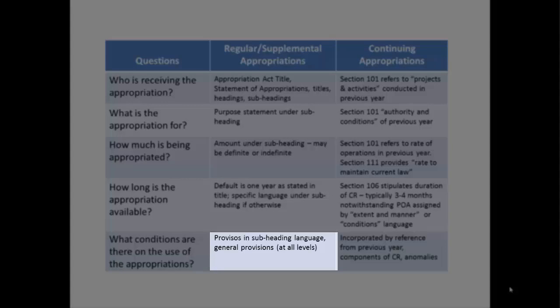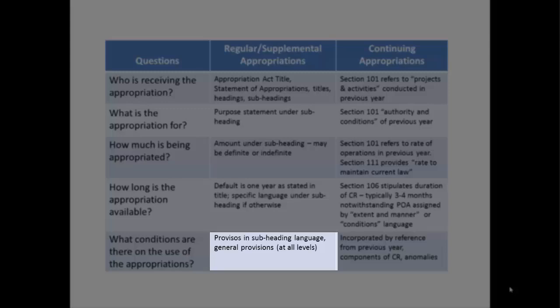There are general provisions that apply to titles within an appropriation act. General provisions affecting HHS appropriations appear in Title VI of the Agriculture Act, Title III of the Interior Act, and Title II of the Labor, HHS, and Education Act.